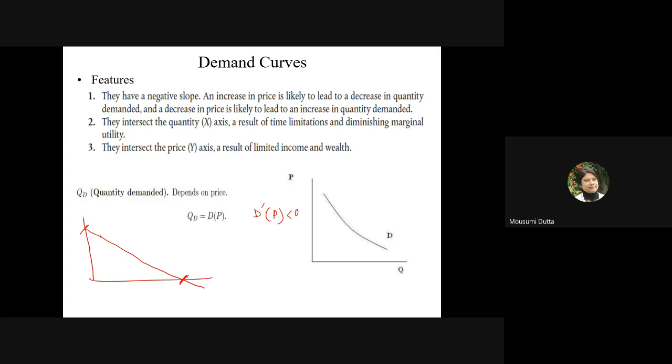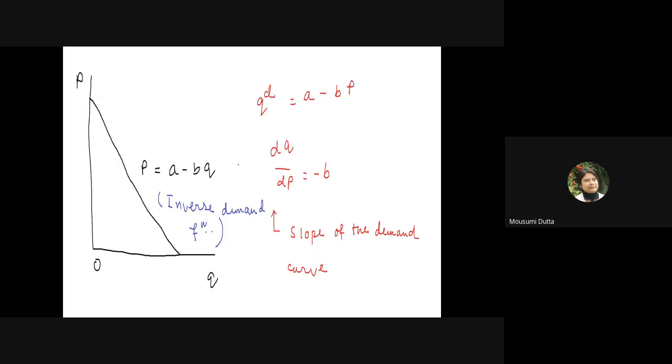This is the simplest functional form by which we can present a demand function.